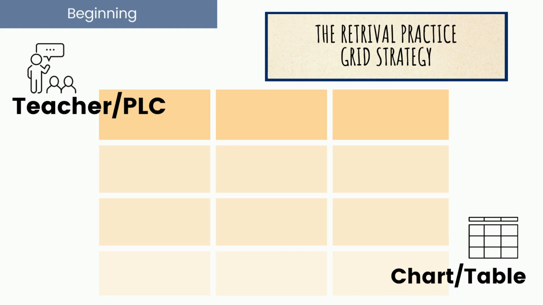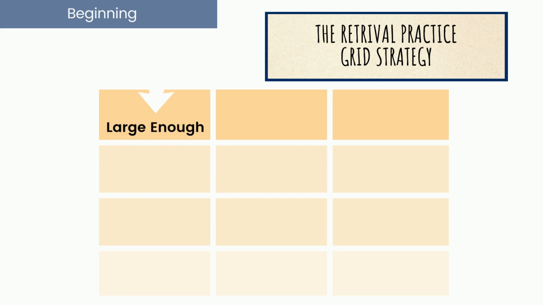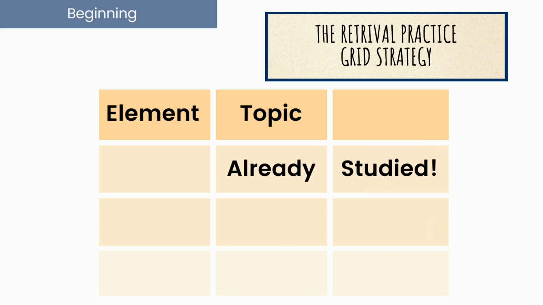The grid strategy begins with the teacher or PLC creating a grid, using a chart or table, with as many boxes as deemed appropriate based on the amount of lessons the grid will be used for. The boxes in the grid should be large enough to ensure that all students have enough room to write in them. Each box of the grid will contain a specific element of a topic already studied.